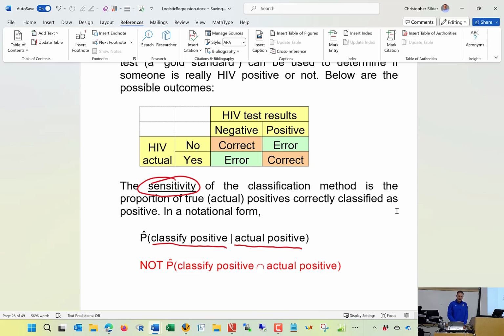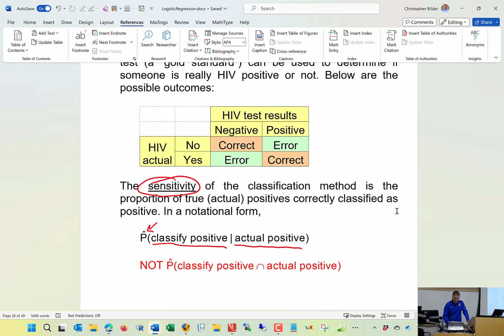In this probability statement, perhaps I went a little bit too far, but I put a little hat on top of it, because if we have some observed data, we're coming up with a prediction, an estimation of this here. This is the sensitivity of a prediction method, a classification method, a medical test. Do you want this to be high or do you want it to be low? High. Okay.